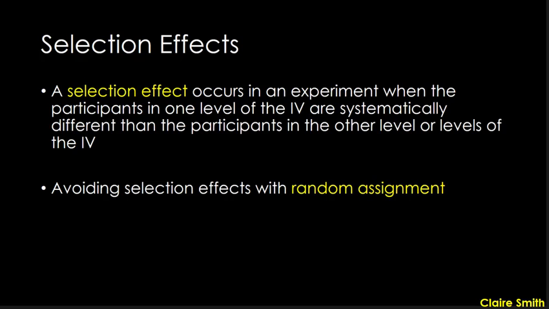We talked about this in previous chapters as well. You want to make sure that you're randomly assigning people to groups and not basing who's in which group on some other variable. So again, if it's systematically different, that's a problem. If it's unsystematic, it's going to be random assignment.